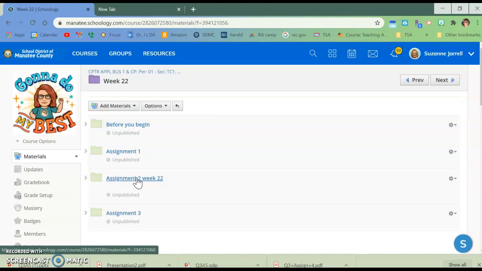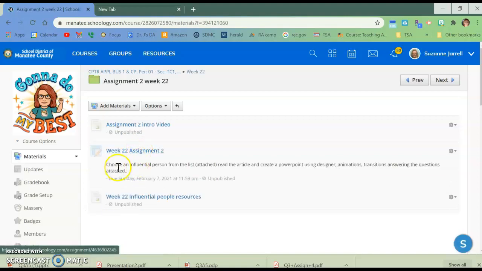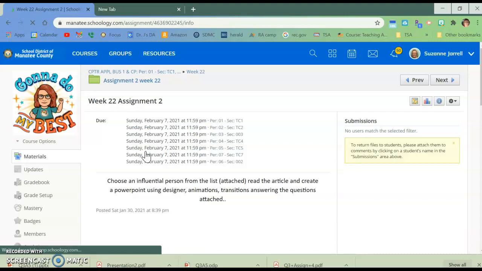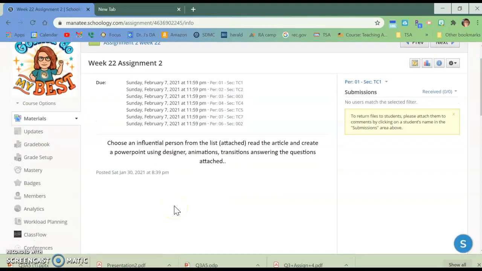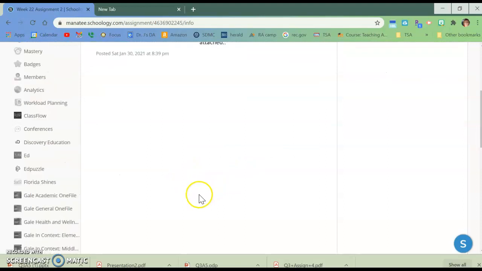You get to choose which person you want to do it about. And then you're going to create a PowerPoint that uses all of the designer, animations, transitions, and then answers the questions.